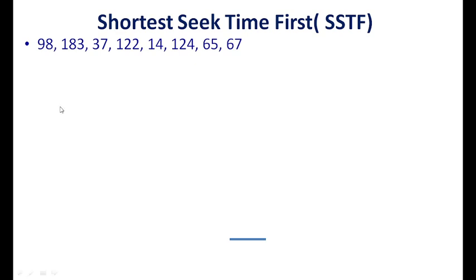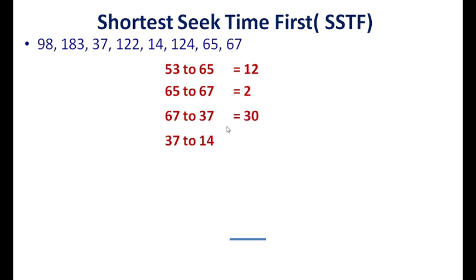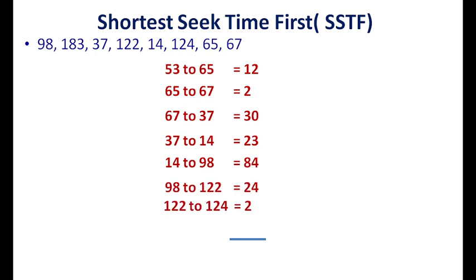So as for this, it will go from 53 to 65, producing a difference of 12, and then from 68 it will go to the next nearest one, which is 67. In the same way it will traverse. It won't go to the tracks in order, but it will go to the nearest ones, and ultimately it will produce significantly lesser value compared to FIFO.